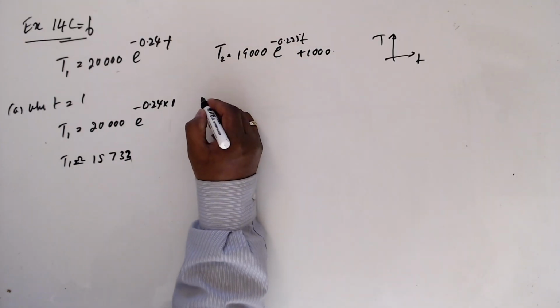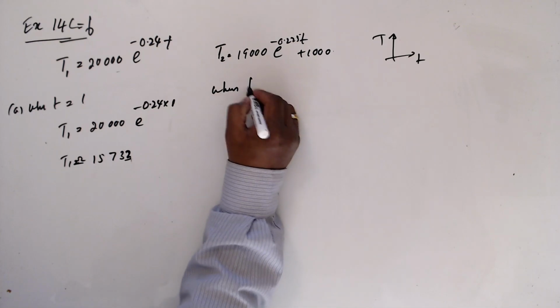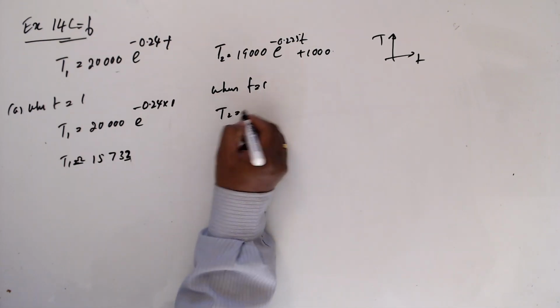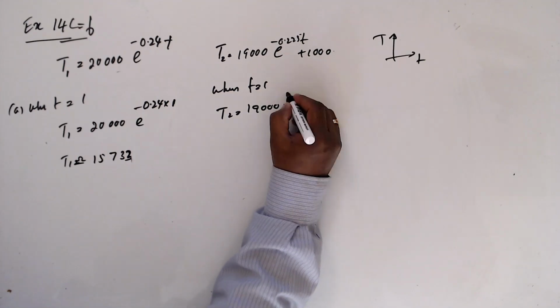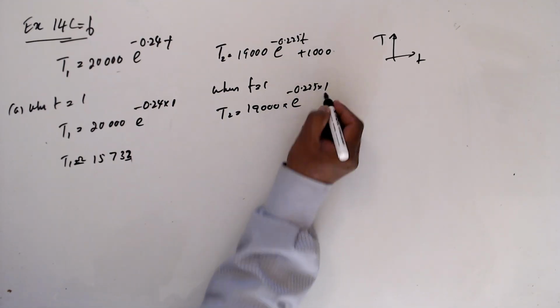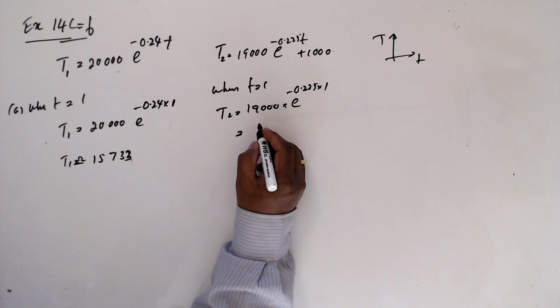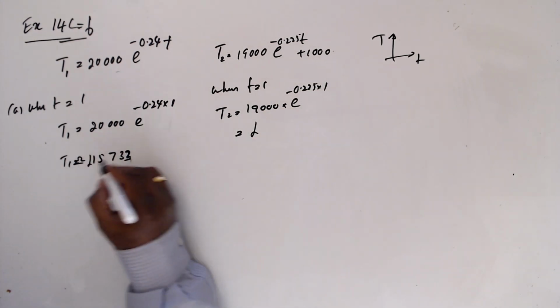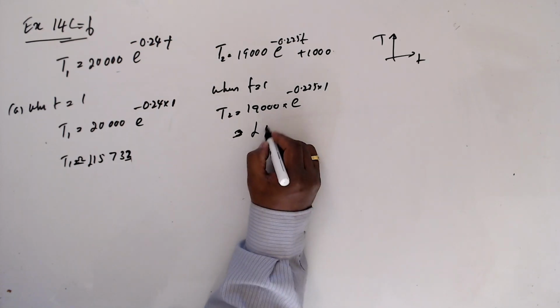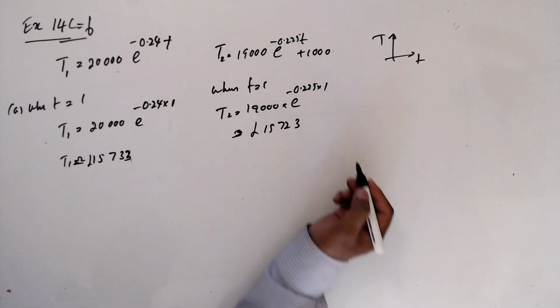And for this model, when t equals 1, T2 equals 19,000 times e to the power of minus 0.225 times 1. So this is going to be 15,723.